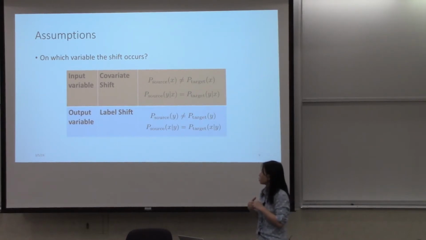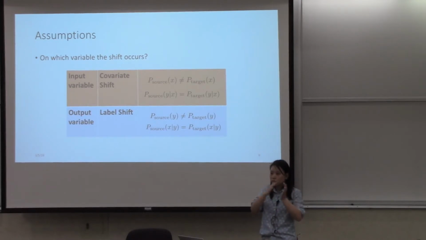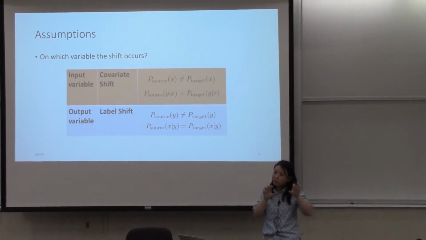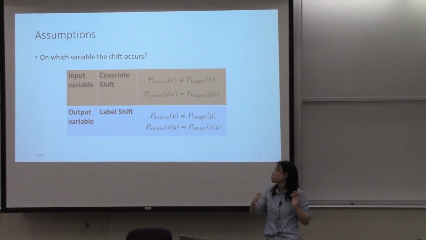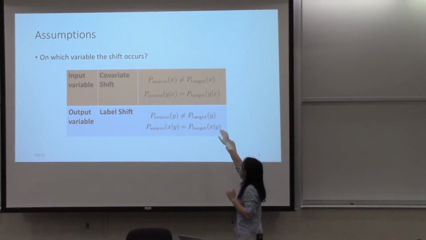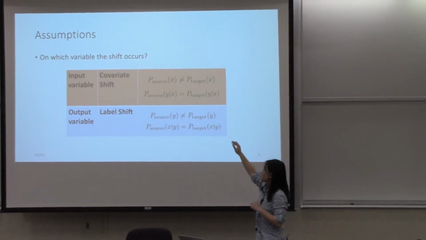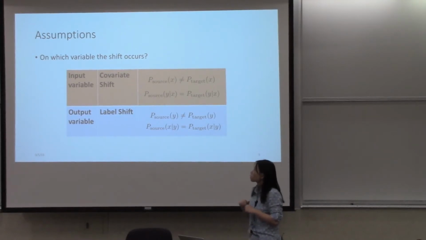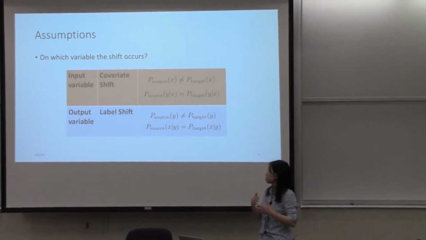The first case is more suitable when, for example, you have some function that universally defines your decision boundary between the source and target distribution, but because you have sample bias, you can only sample a portion of the data and not the other. Still, the function that defines the relation between x and y is the same between the source and target.